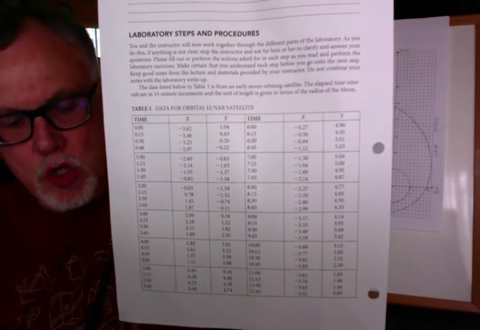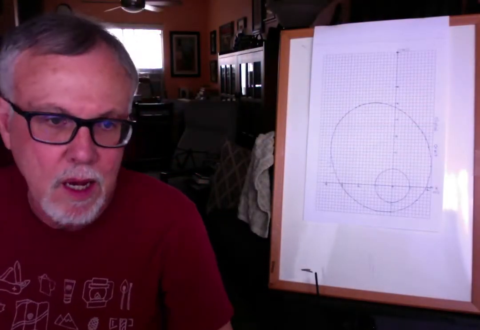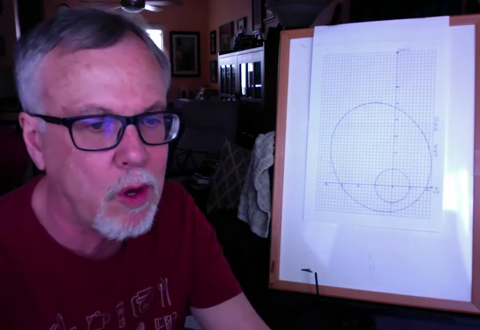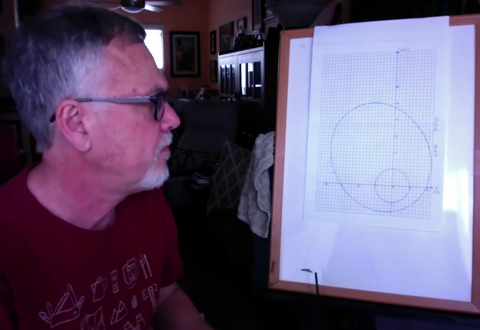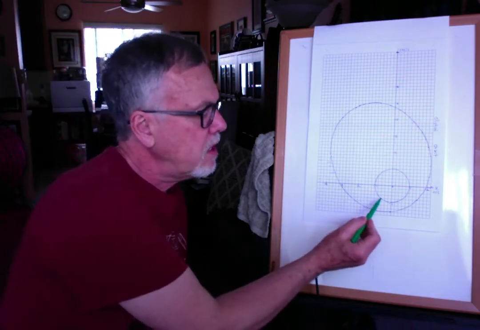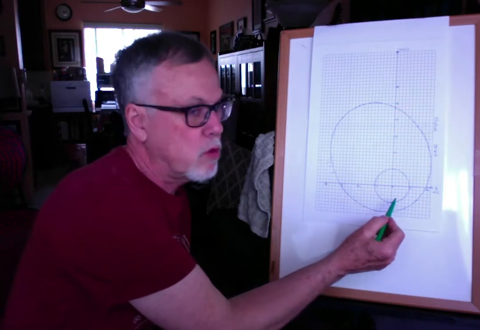So let me remind you what you did. Let's go back and look at this graph that I made of this data. I made this graph a little darker, so hopefully it's easier to see. First off, this right here would be the position of the moon.